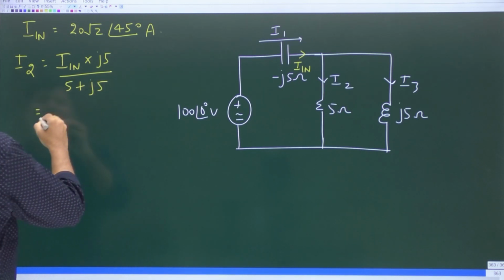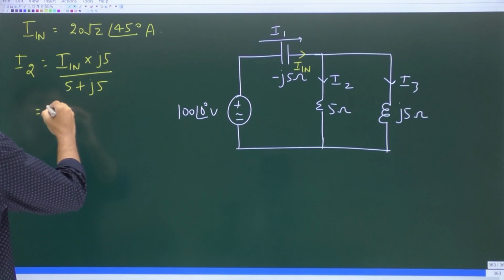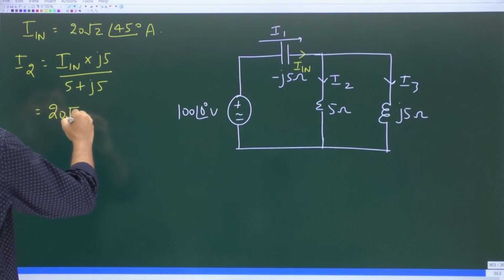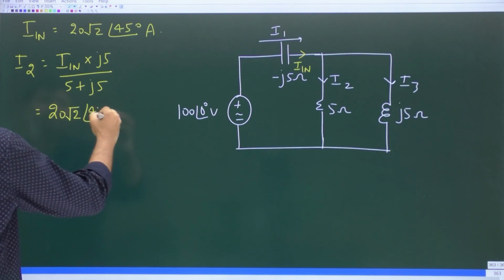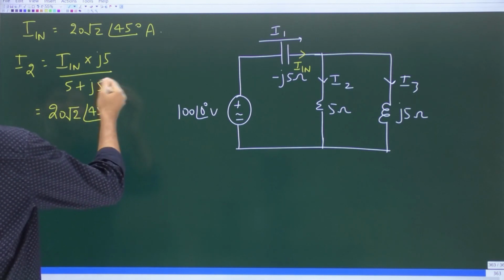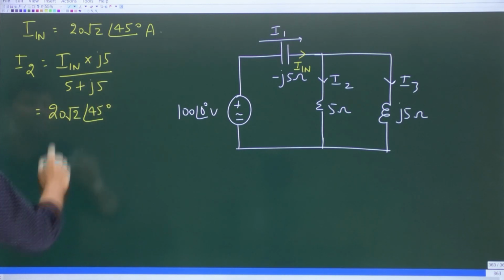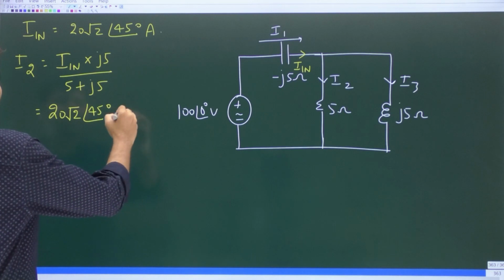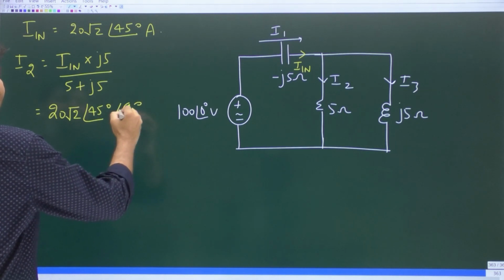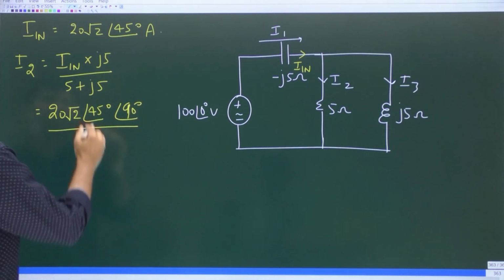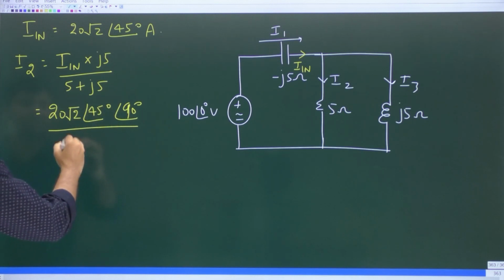Yes. Now already we know the phasor input current is 20 root 2 at an angle 45 degrees. Again, J5 divided by 5 plus J5. 5 is common, 5 will get cancelled out. J alone is the same as angle 90 degrees. Again, 1 plus J, what is 1 plus J?